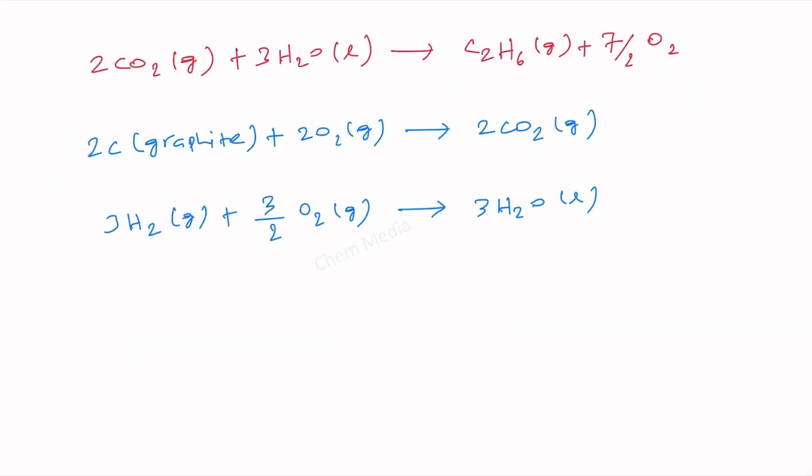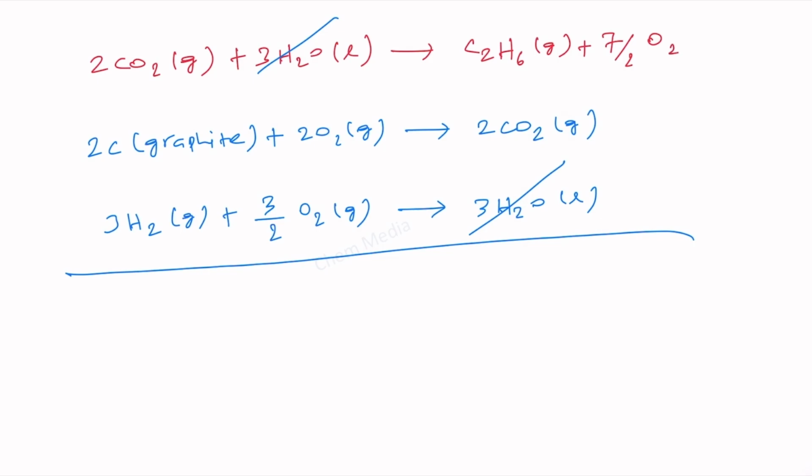So we have multiplied with all the factors. So if we have these three equations and we sum them up, then what will happen? We have 3 waters on the reactant side, we have 3 waters on the product side, that would cancel out.